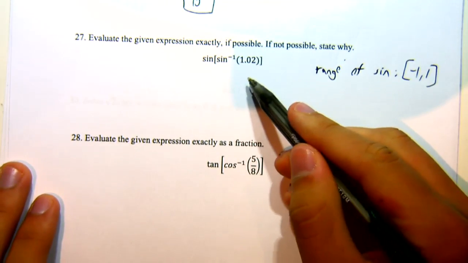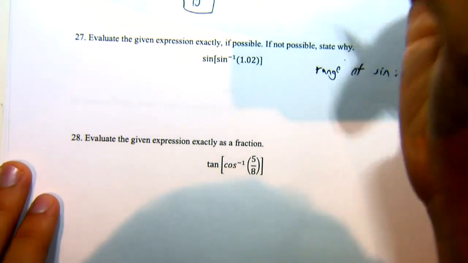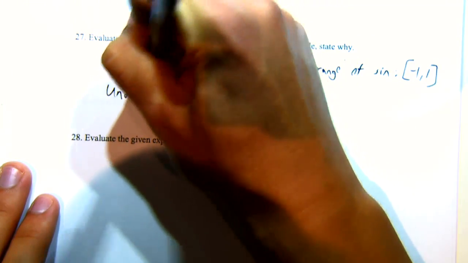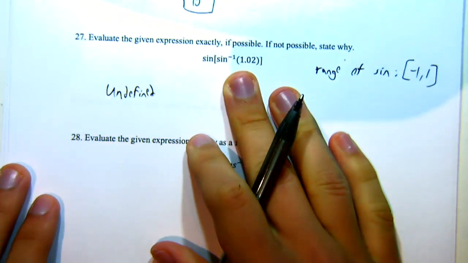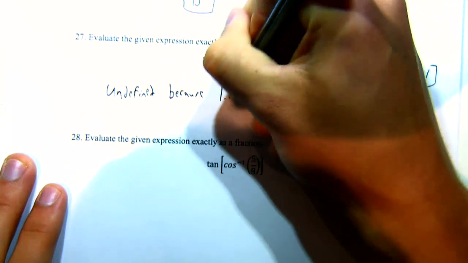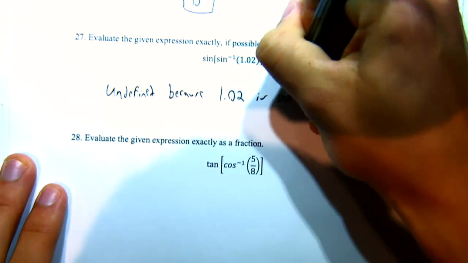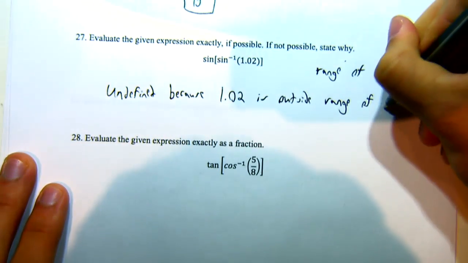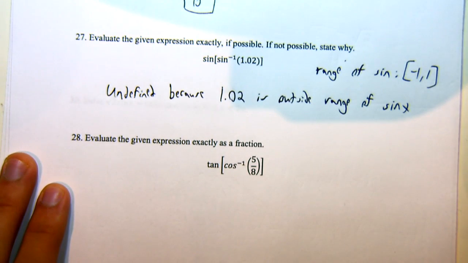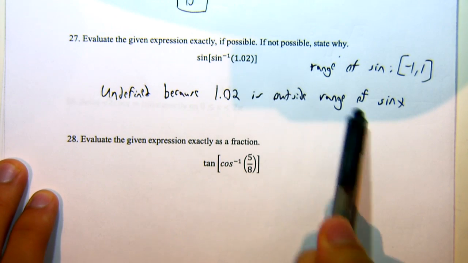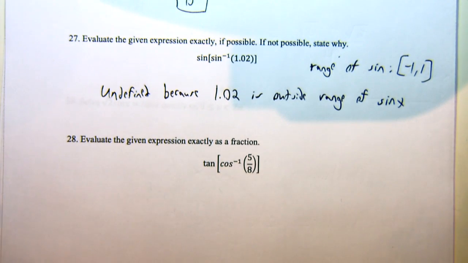Now 1.2 is clearly outside that range, so this actually is undefined. Right? So it's undefined because 1.02 is outside the range of sine of x. Or if we were to draw the inverse sine function, it's also outside the domain of that one.